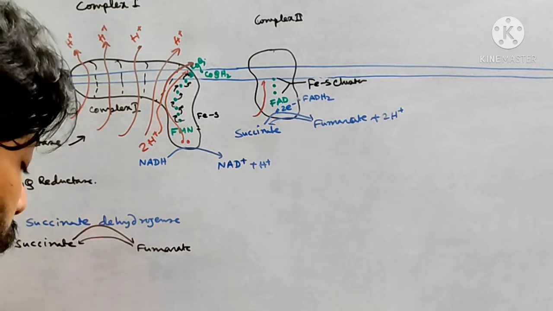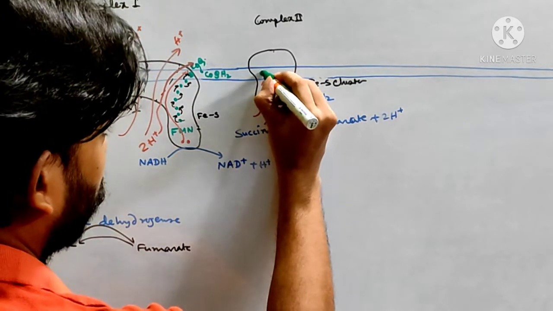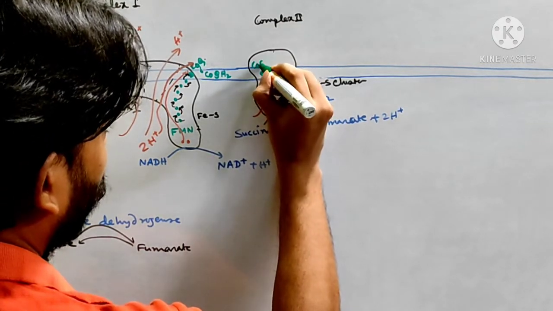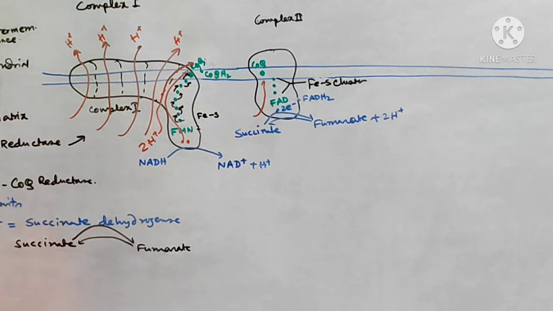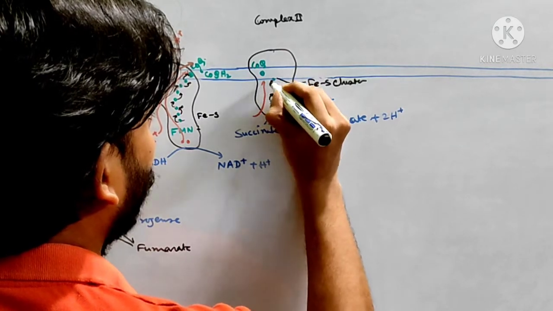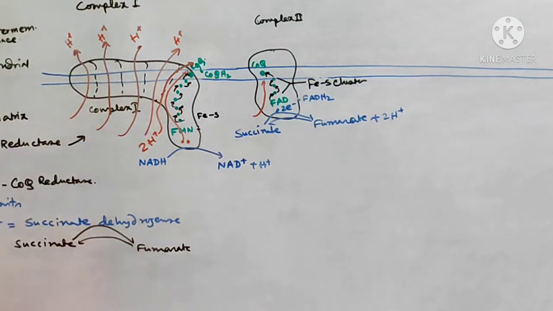Now in the matrix position, let's suppose CoQ, the ubiquinone, is present. Ultimately electrons move from this complex and jump from the iron sulfur clusters to CoQ, the ubiquinone.